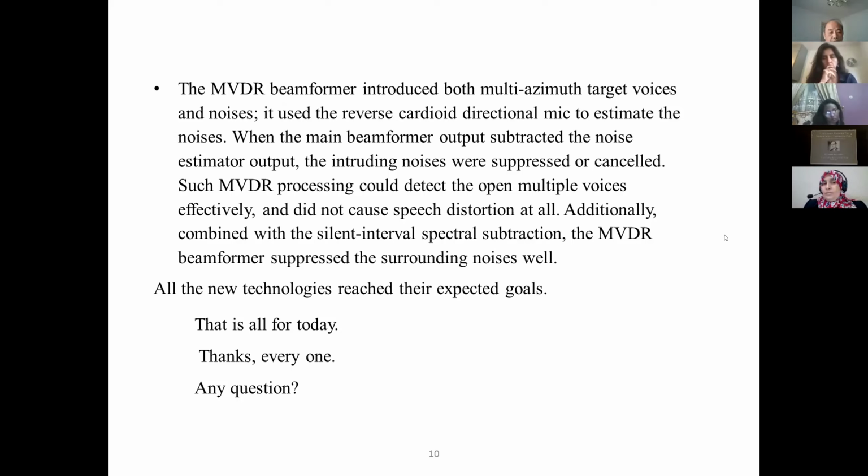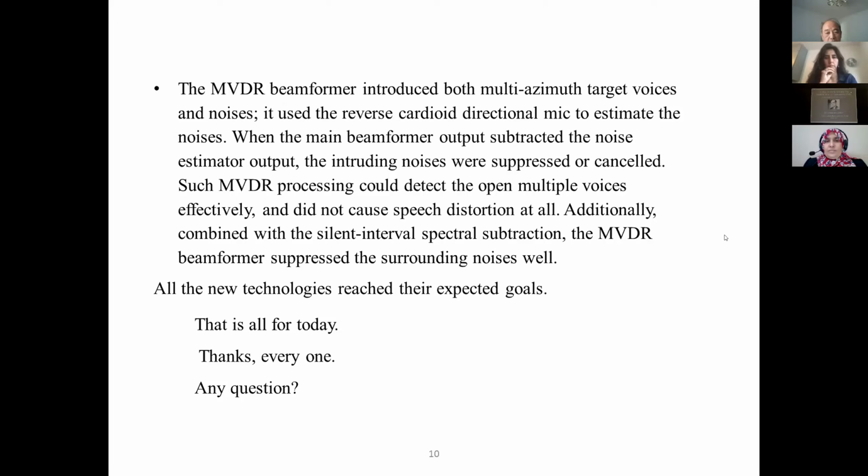Such MVDR processing could detect multiple voices effectively and did not cause speech distortion at all. Additionally, combined with silent interval spectral subtraction, the MVDR beamformer suppressed the surrounding noises well. All the new technologies reach their expected goals.